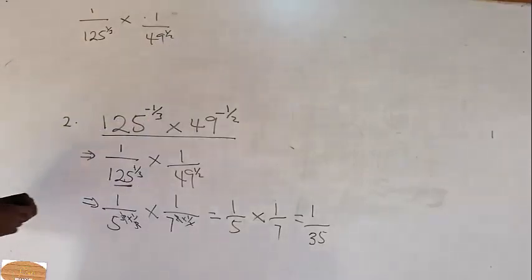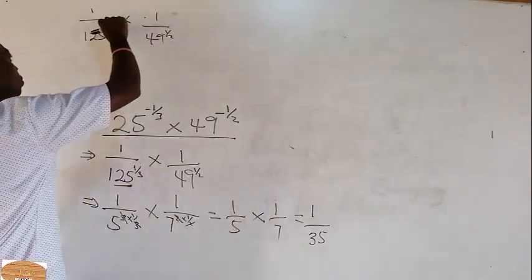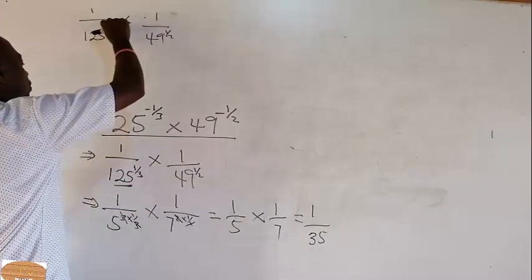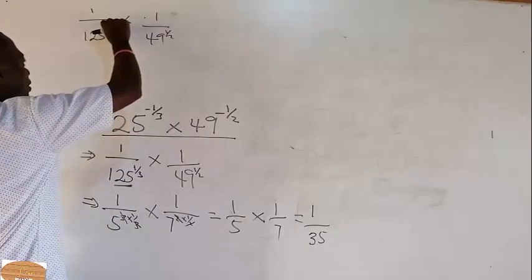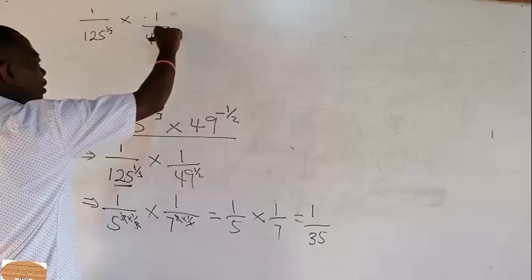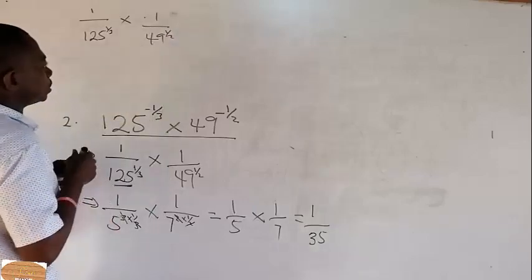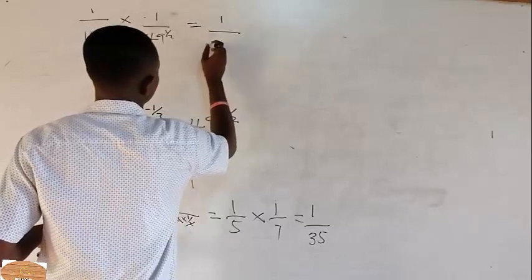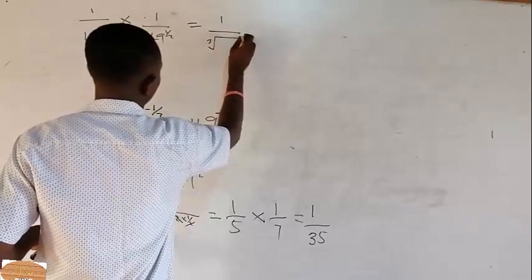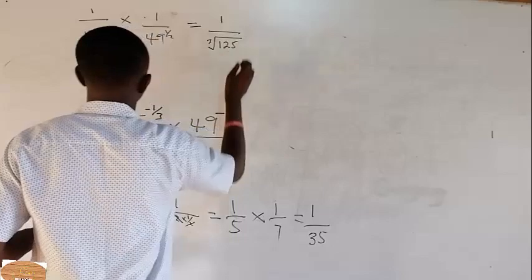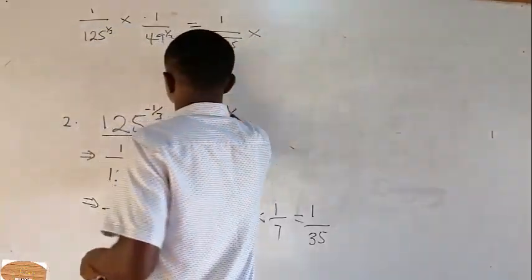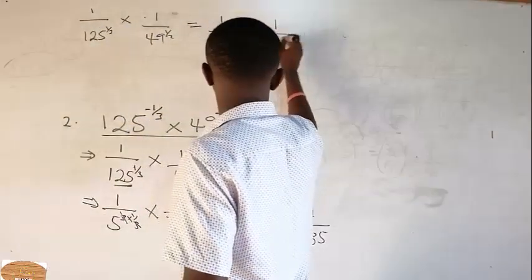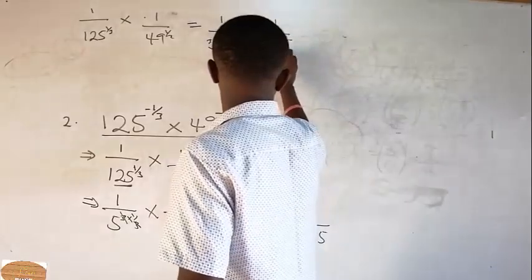Now, we said if this one is 1 over 3, it is the same as the cube root of this, and this one is the square root of this. So straight away you can say 1 over the cube root of 125 times 1 over the square root of 49.